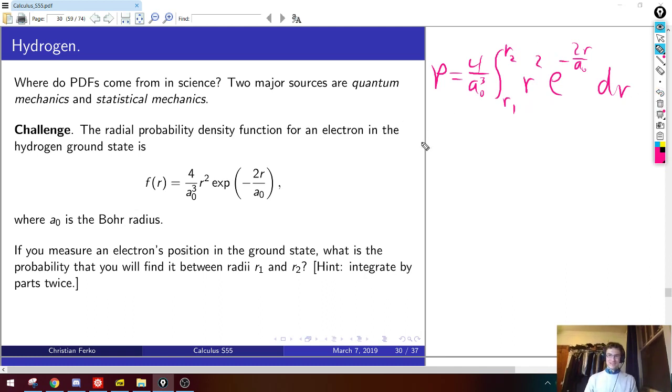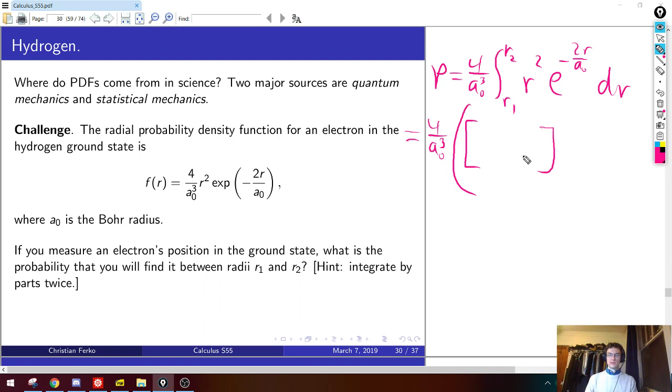Alright, so I'll do the first one. So when I move one derivative, what do I get? We move it on to, well, 4 over Bohr radius cubed times, I think, 2r times... Wait, no, in the brackets, this guy isn't differentiated yet, right? Oh, yes.